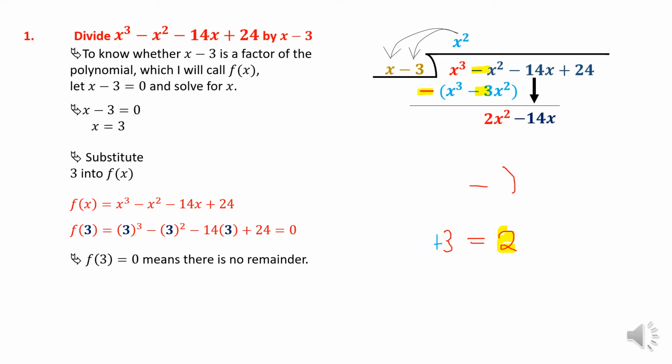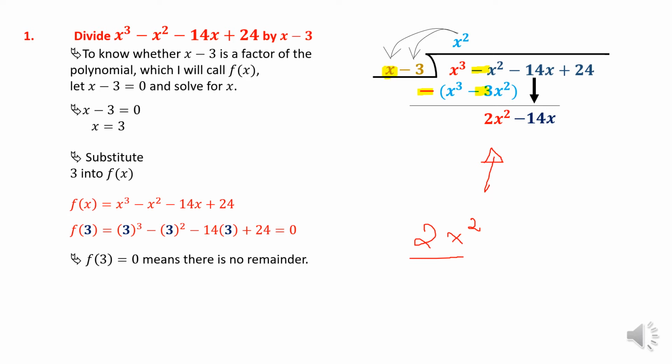Before I continue, the next thing that I'm going to do, and I indicate in red because my step is going to be in red, is take that 2x squared that I have in red, this one here, and divide it again by that x that is in my divisor, this particular x right there.